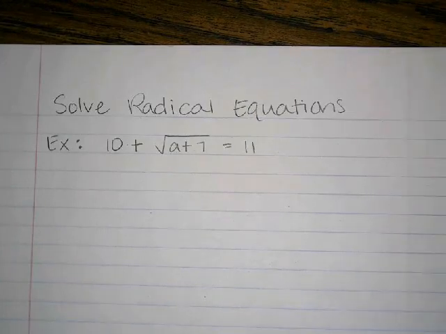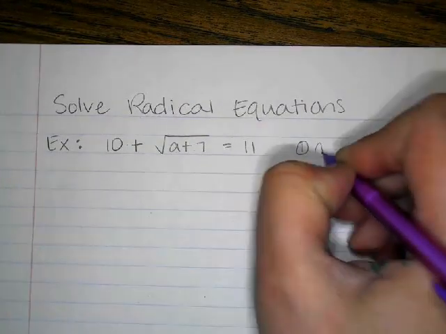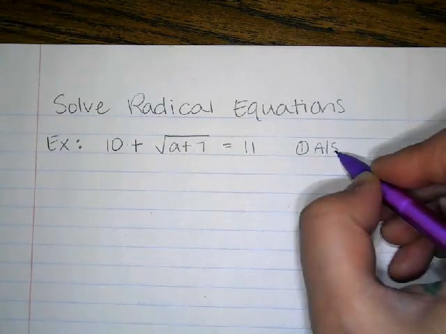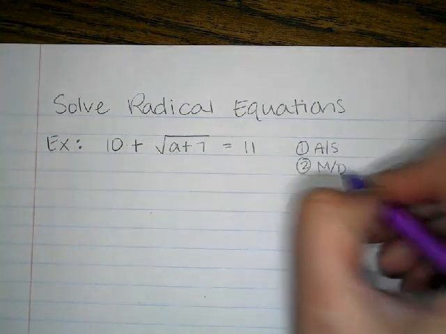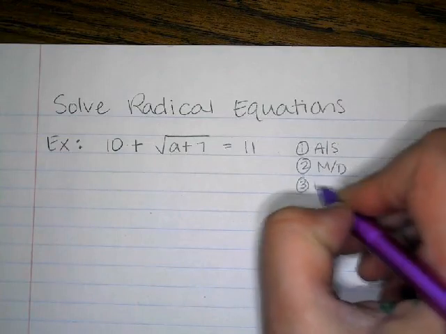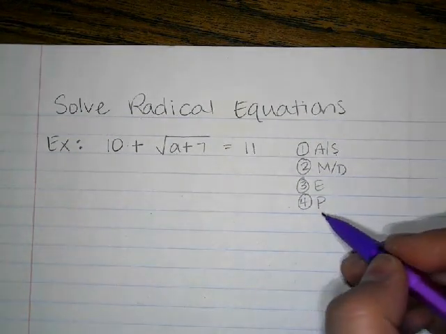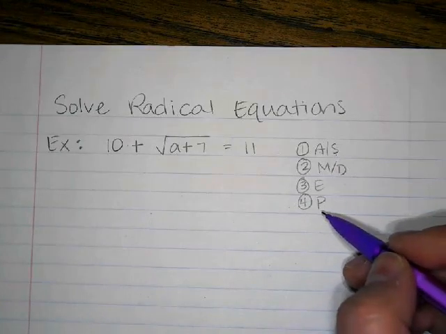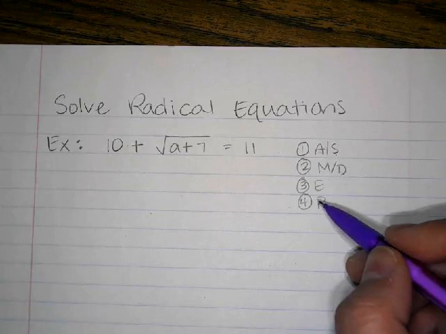If we do PEMDAS backwards, then we're going to do the A and the S first, so that's adding and subtracting. Second is multiplying and dividing. Third is exponents. And then fourth, parentheses. When you're younger in math, they say parentheses only, but they really mean grouping symbols.